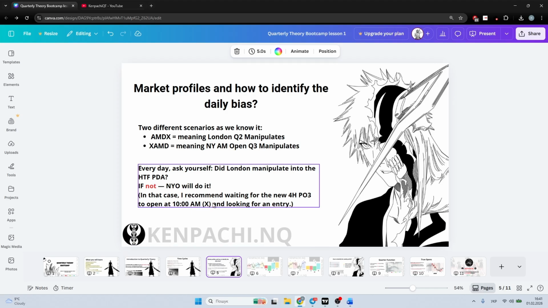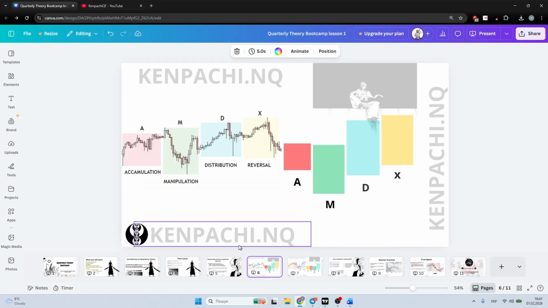So let's get to market profiles and how to identify the daily bias. Right, we have two scenarios, only two scenarios, which are AMDX and XAMD. Let's see an example of AMDX and XAMD, and we'll go back to this explanation.